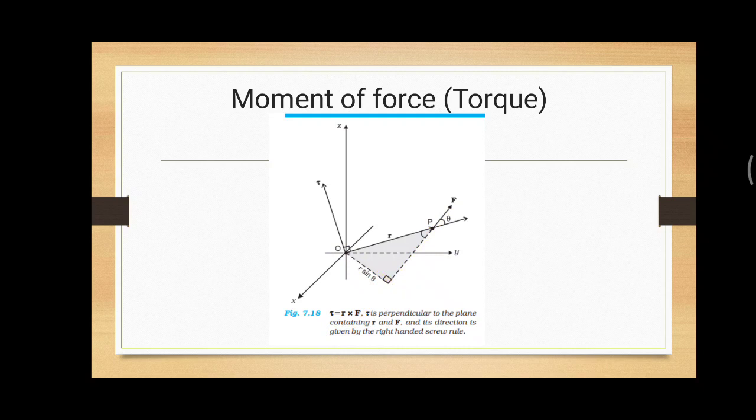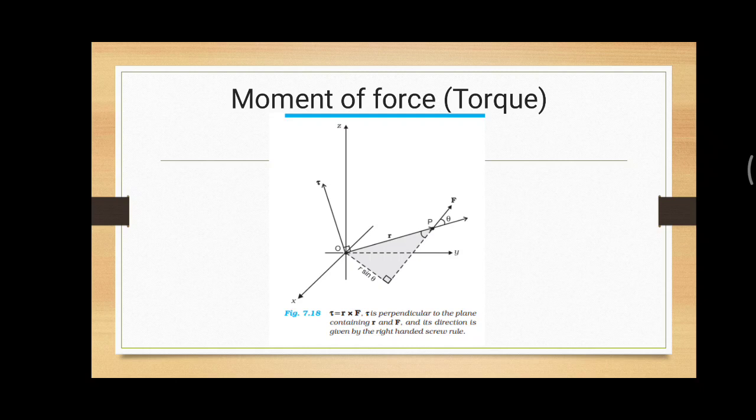Here the angle is theta, the opposite angle will also be theta, and this distance will be r sin theta. So r sin theta can be represented as r perpendicular, that is the perpendicular distance from the origin to the vector F. You are extending the vector F, there is no problem. As in vector addition, you have just changed the position.